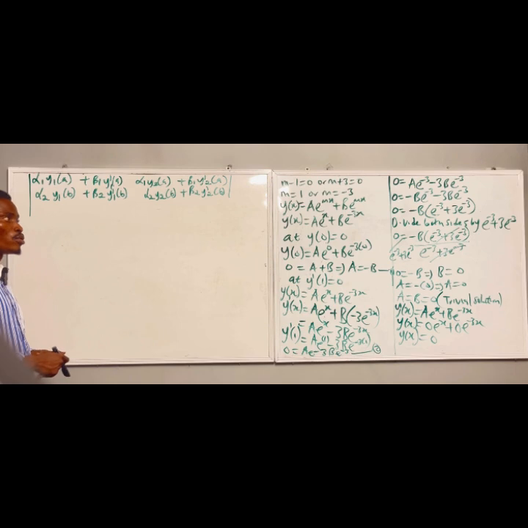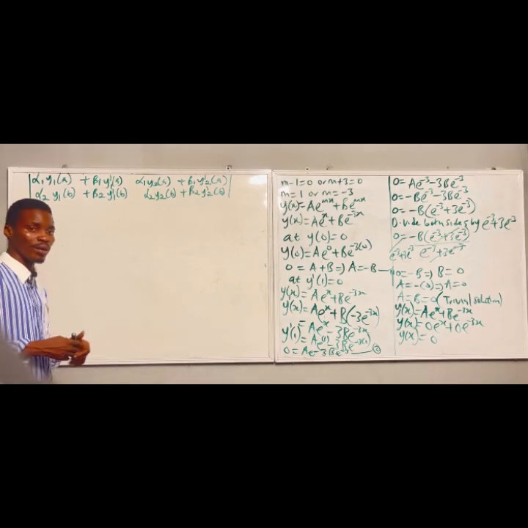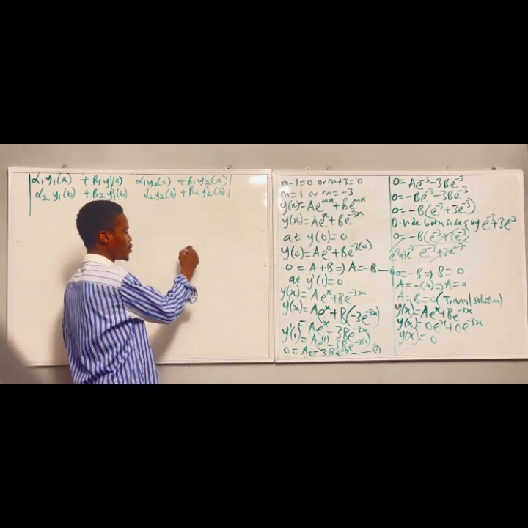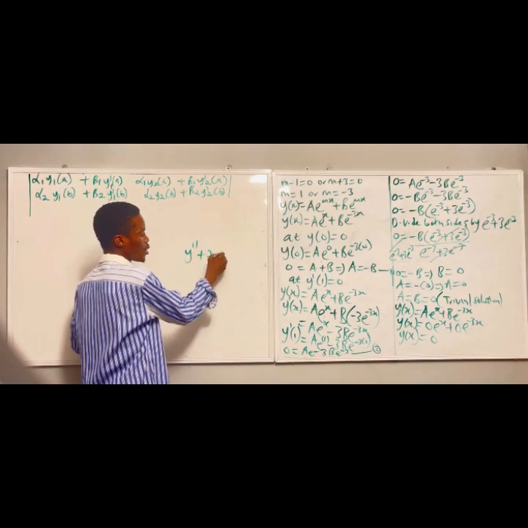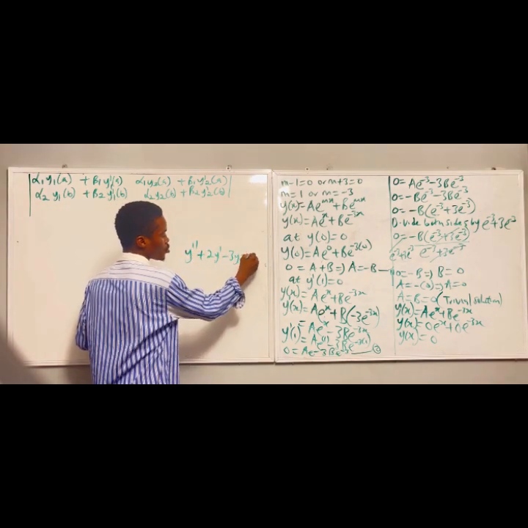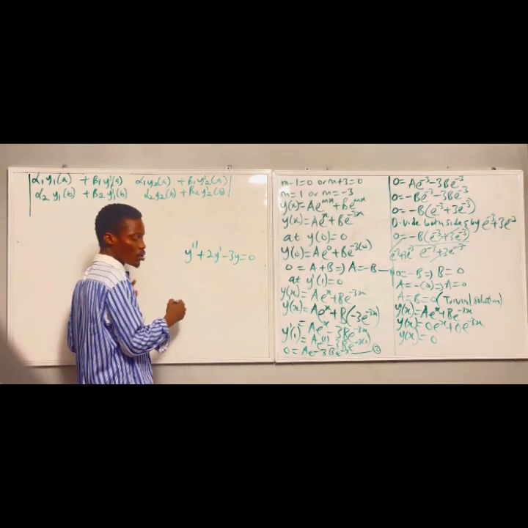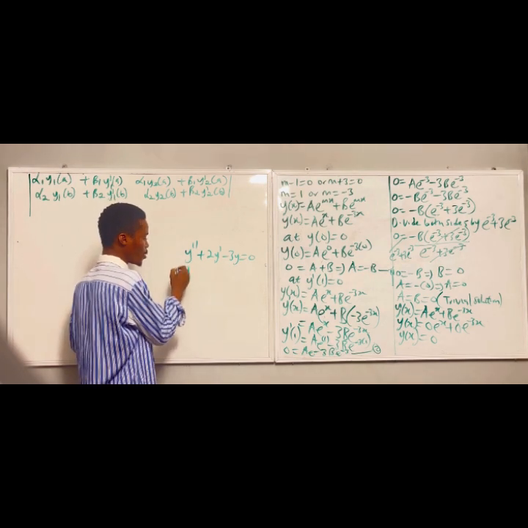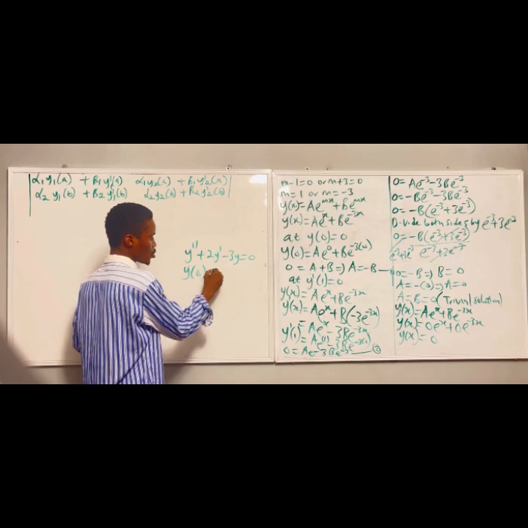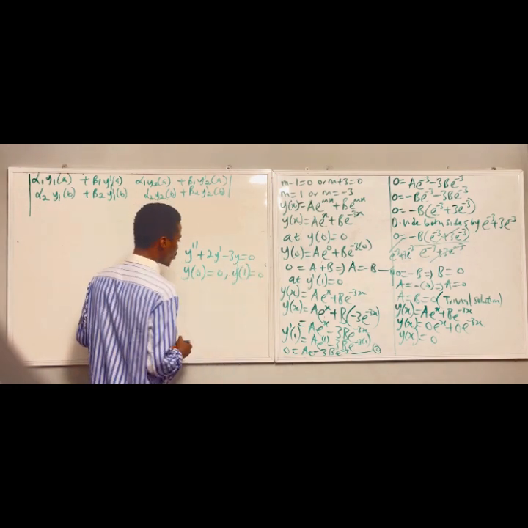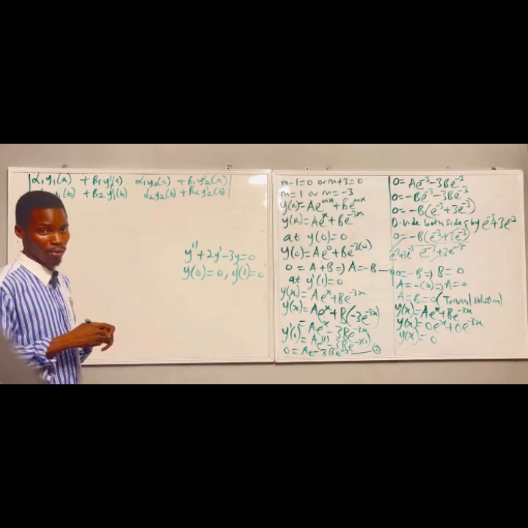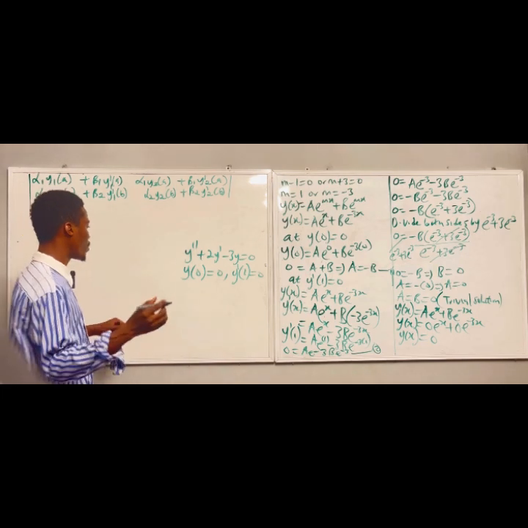If you look at our boundary value problem, we have y double prime plus 2y prime minus 3y equal to 0, with boundary conditions y of 0 equal to 0 and y prime of 1 equal to 0.